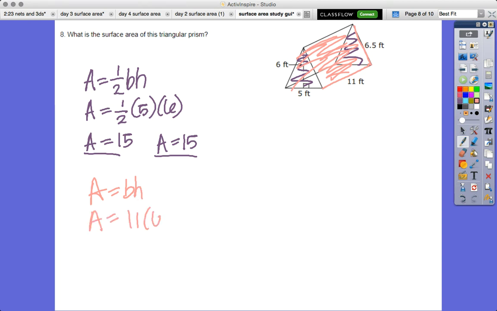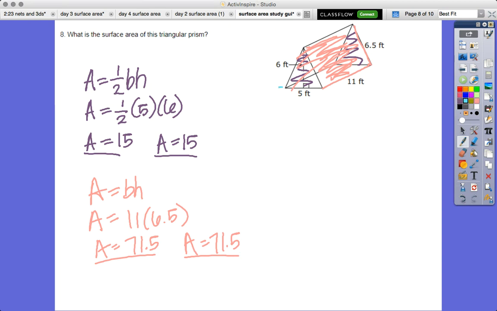The base is 11 and the height is 6.5. So 11 times 6.5 gives me 71.5. Now, if this is 71.5, so is the other side. So I'm going to go ahead and write that twice.